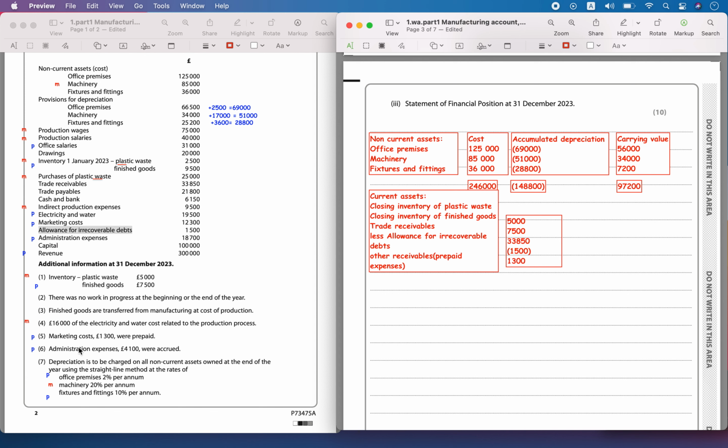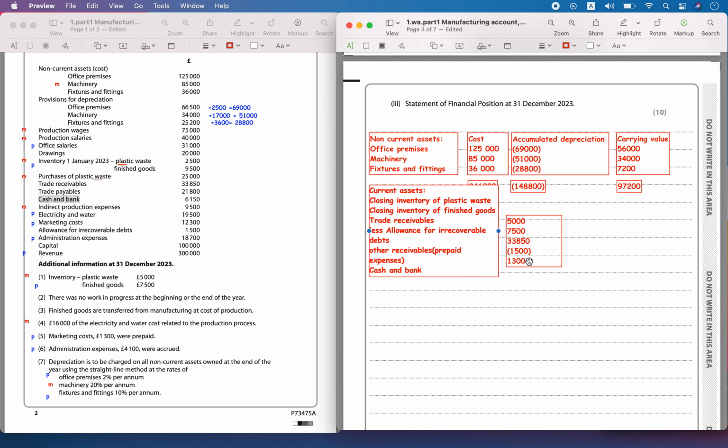And then you have cash and bank, which is to be around 6,150.